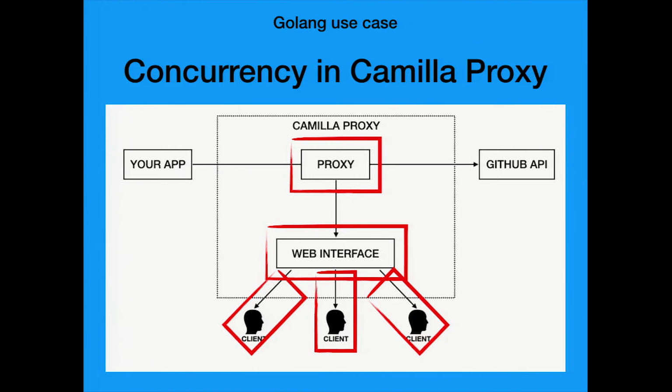So if resources are available, that is assigned to a separate Go routine. So in fact, the communication between the proxy and the web interface are isolated in that respect. So imagine doing this with PHP. I can't even imagine how to do that. It will be a hell of a job, and I'm not sure it will be stable.